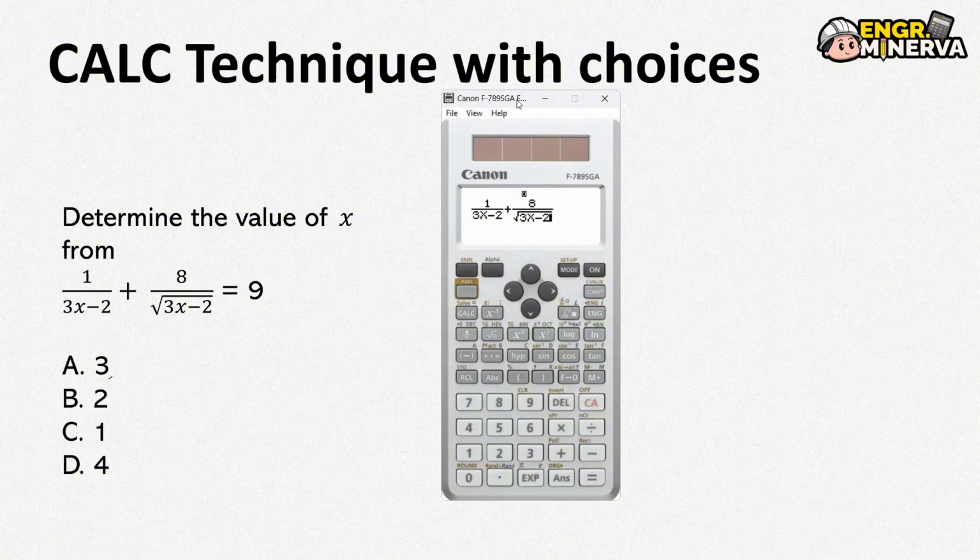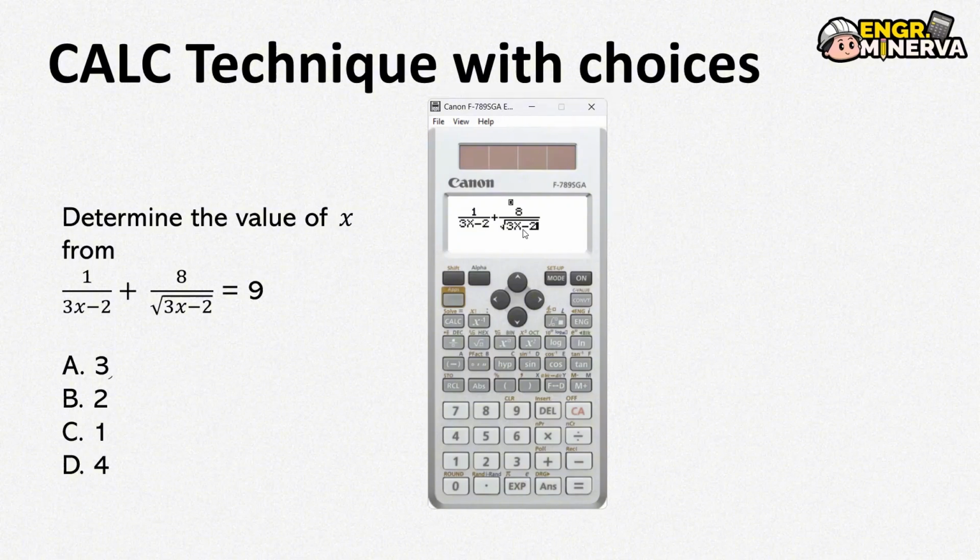After inputting the left side of the equation, we will try the choices. We press calc first, then as you can see, x asks us what value we need. So we will use the choices for that.